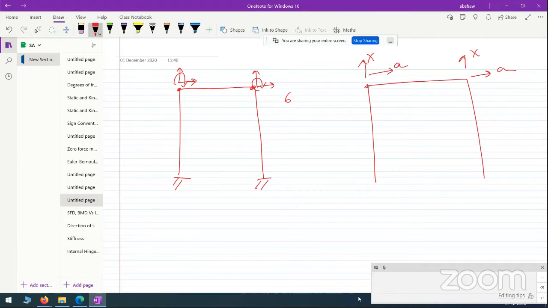Because the horizontal displacement at this joint and horizontal displacement at this joint cannot be different. Otherwise, there will be axial deformation. So this is one kinematic indeterminacy. In terms of that, you have a rotation here, rotation here. So you have three kinematic indeterminacy.